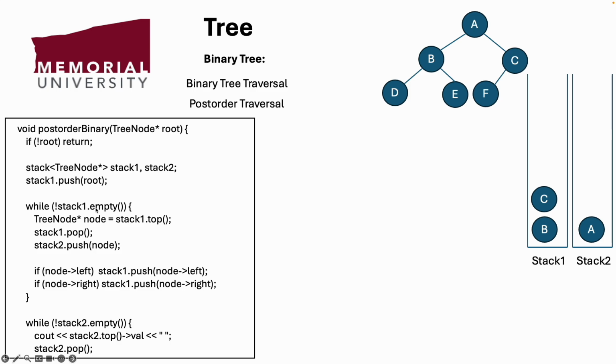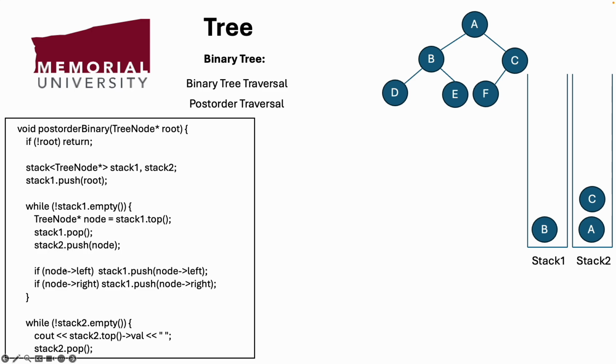Stack 1 is not empty, so the while loop keeps going. Now the node will be pointing to what? Pointing to the stack 1 top, which is node C. So node C is going to pop up and be pushed into stack 2.